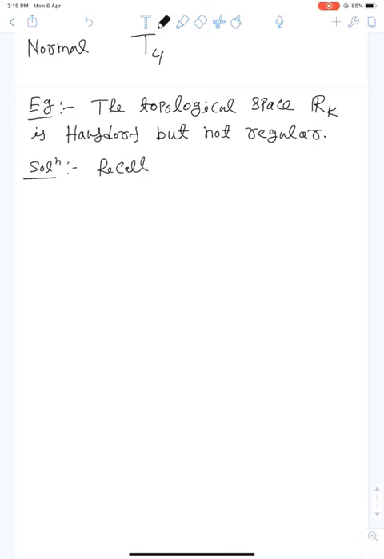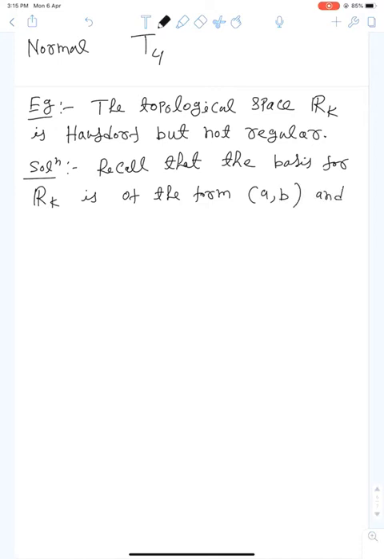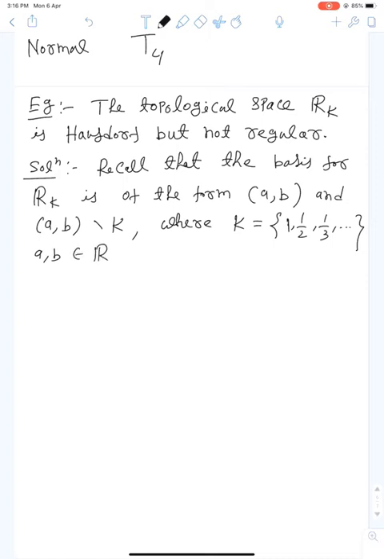Recall that the basis for RK is the open intervals of the form AB, as well as AB minus K, where K equals the set {1, 1/2, 1/3, ...}, and A, B belong to R.